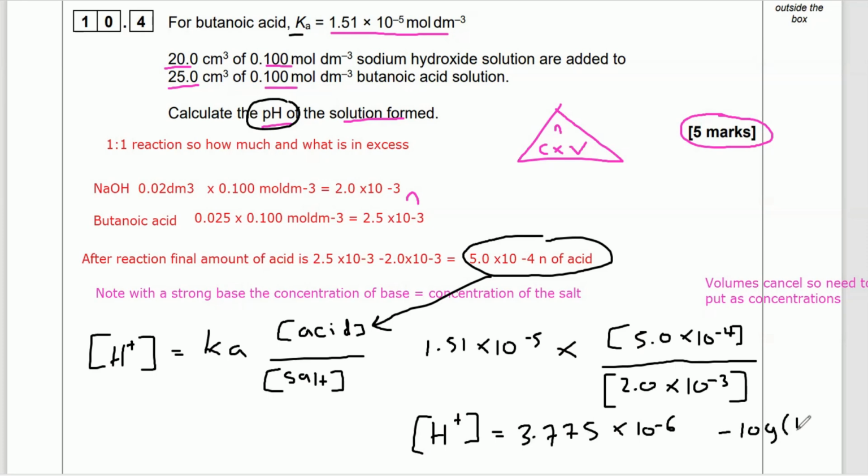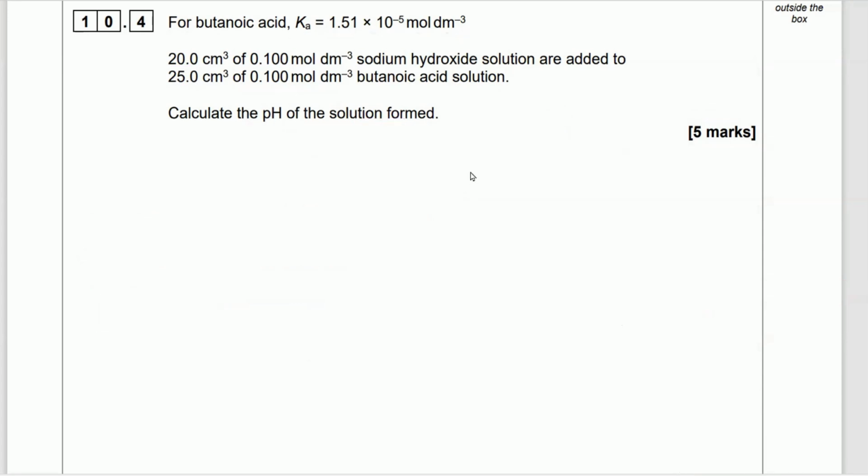That's the hydrogen ion concentration, and you'll get the exact same answer even if you convert the moles of the acid and moles of the salt into concentrations. And when we minus log that in our calculator, press minus, press the log button, the bracket will come up, put in the 3.775 times 10 to the minus 6, and you'll get 5.42 as the pH. And that is the answer for 5 beautiful marks.